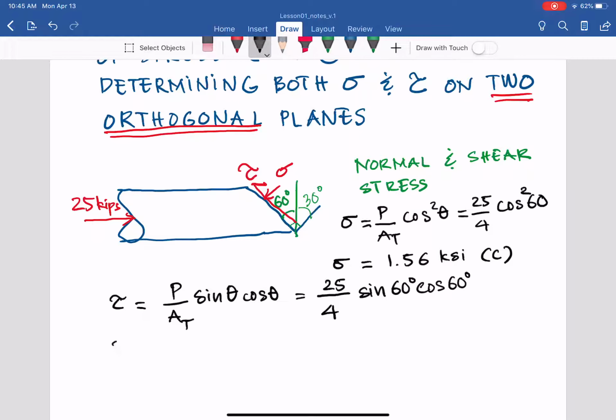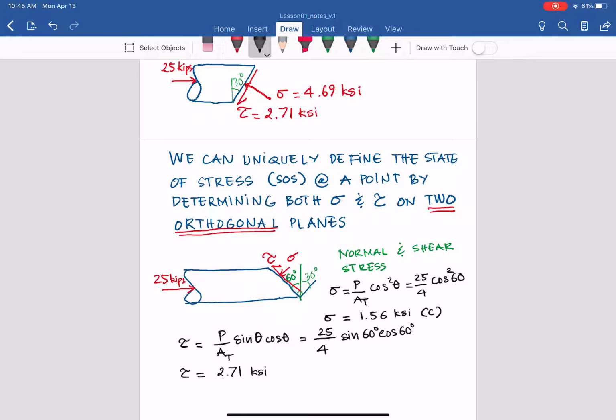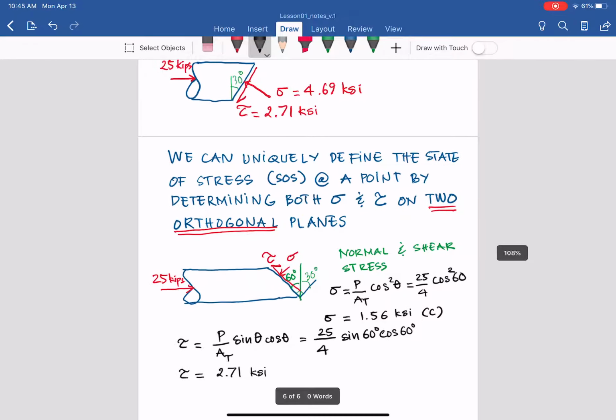From that we have tau equal to 2.71 ksi. So we have tau and sigma for the other plane, and that plane is orthogonal to the plane that we did previously.